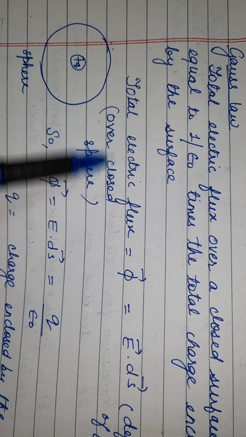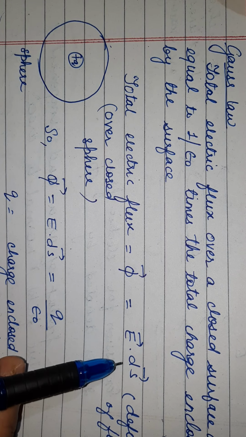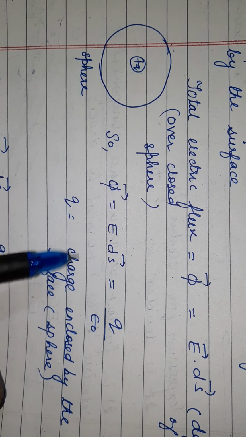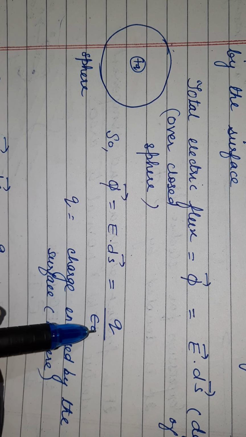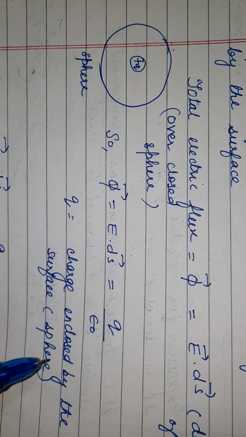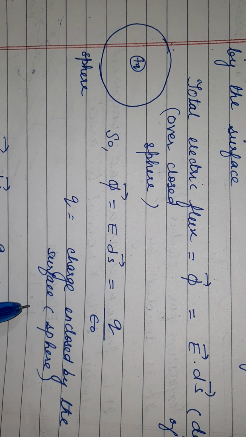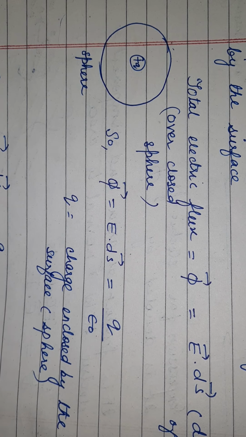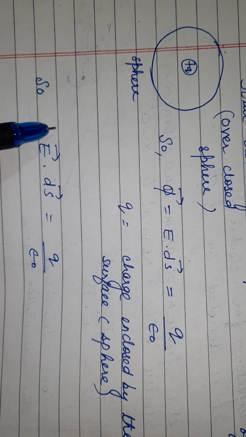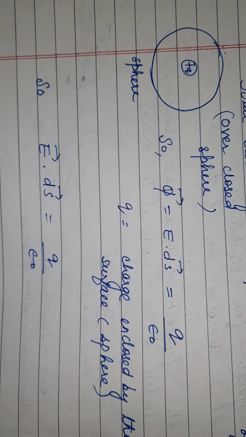So the total electric flux over the closed sphere is phi, which by the definition of flux is equal to E dot ds. It is equal to Q upon epsilon naught according to Gauss theorem. What is Q? Q is the charge enclosed by the surface of the sphere. So mathematically we can write E dot ds is equal to Q upon epsilon naught. In the next video we will see the proof of Gauss law. Thank you.